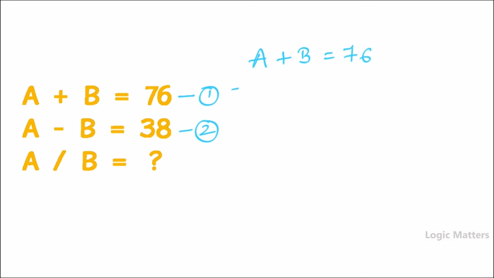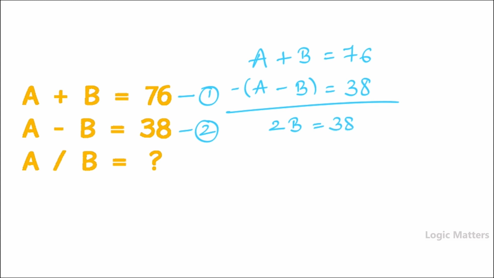So minus of A minus B is equal to 38, right? So the answer is 2B is equal to 38. So B is equal to 38 by 2. That gives an answer of 19. So we got the value of B, that is 19.